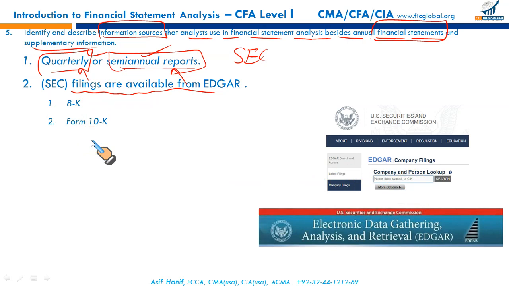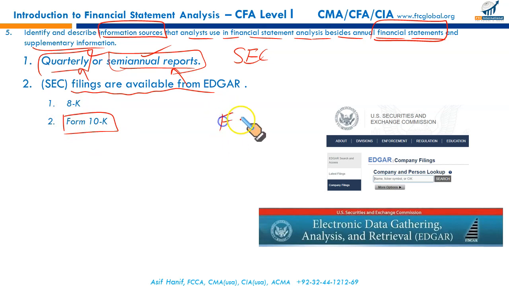Form 10K. This is also an additional document available which I as an analyst can use to access certain information. Form 10K basically is similar to your financial statements that have been submitted to the SEC. Then why do we have to submit it separately? Under the law, it's required. It's not a substitute.